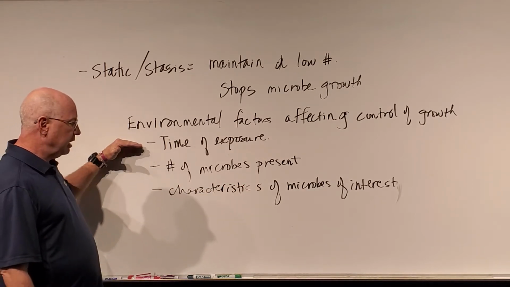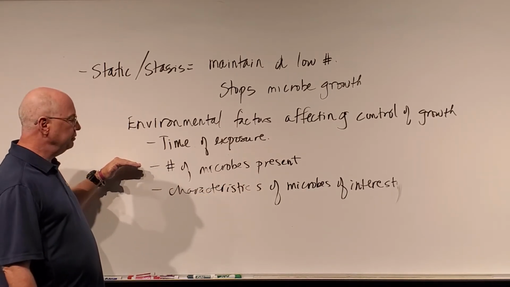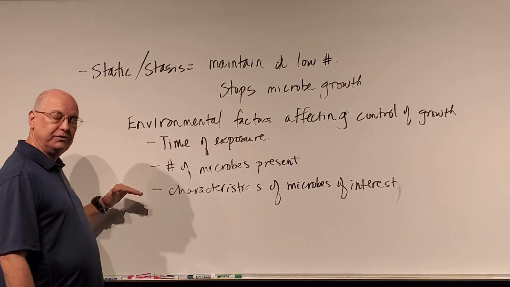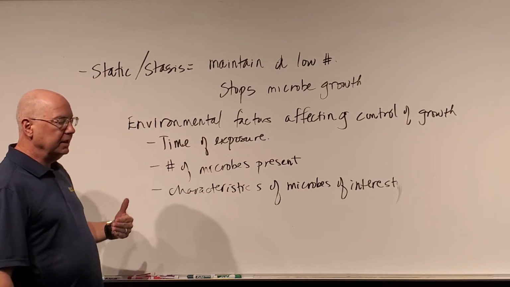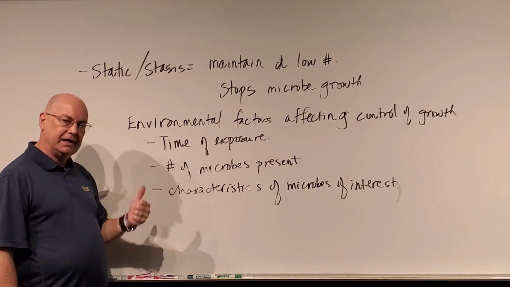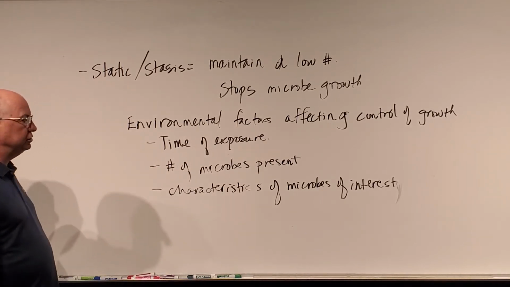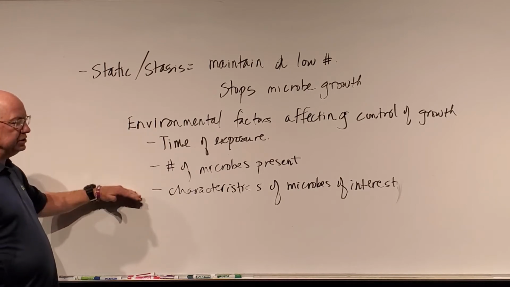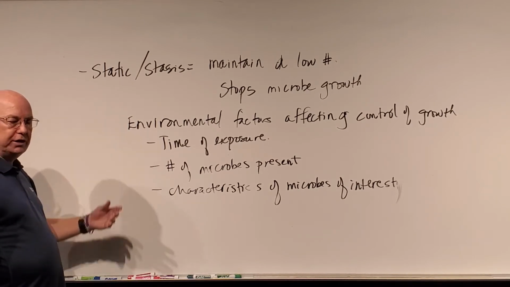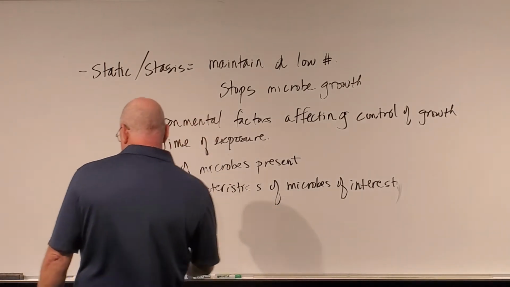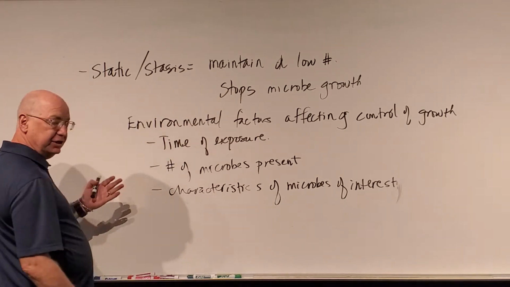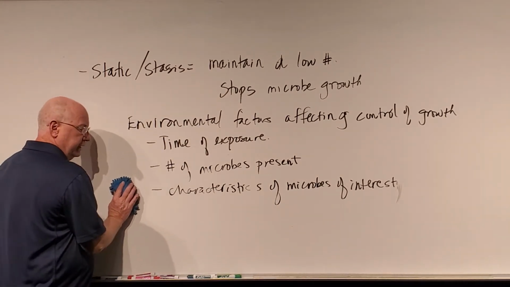So the time of exposure can also be determined by the number of microbes present, some of the physical characteristics of the microbe, their hardiness and exposure to acid or base or heat or cold or whatever it is that we're trying to use to control them. So we need to keep this in mind sometimes when we're treating things for stasis or for killing microbes.